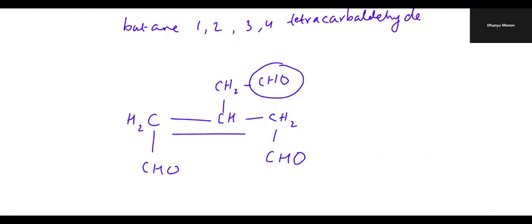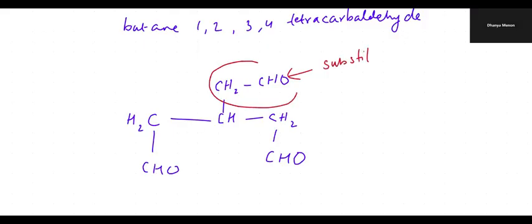So that is why now it can be treated as what? Now it can be treated as a substituent. The whole thing can be treated as a substituent. So our numbering will start from here. 1, 2, 3, 4, 5. If it was directly connected like this, we cannot treat it as a substituent.